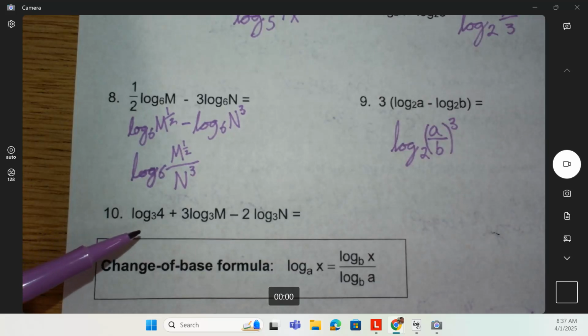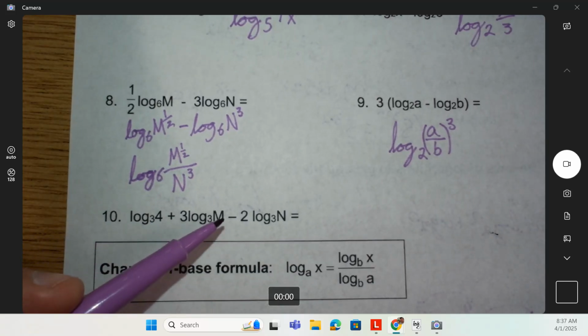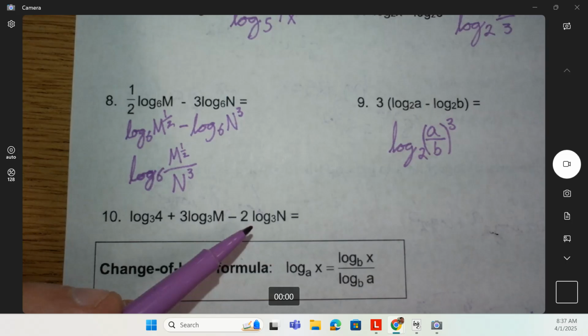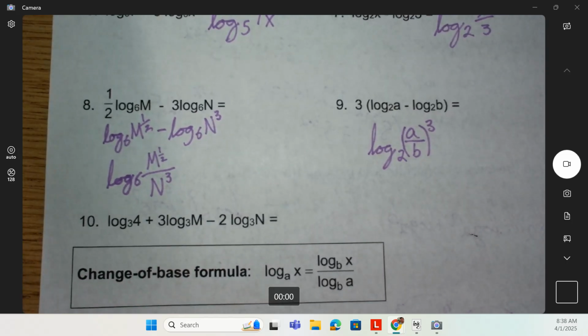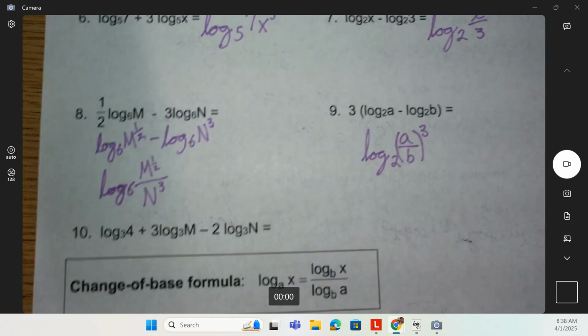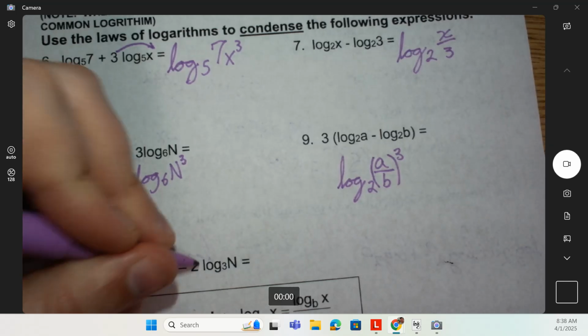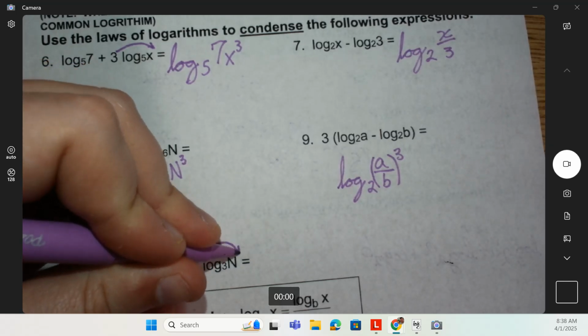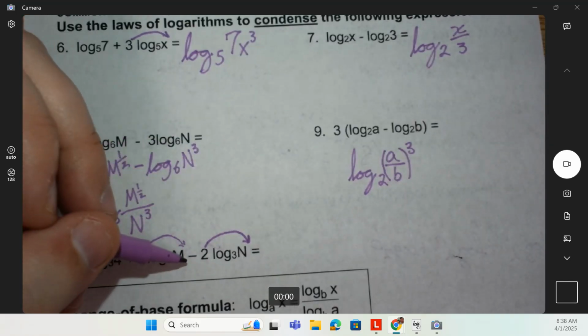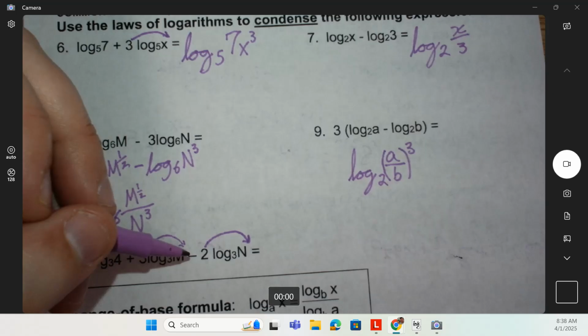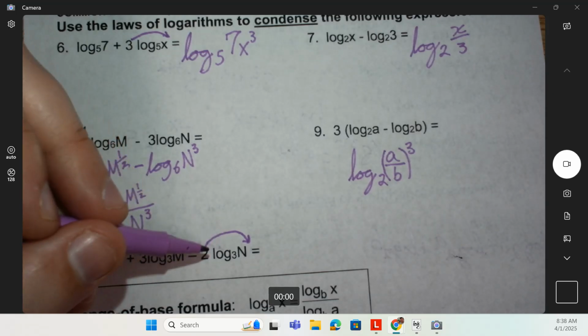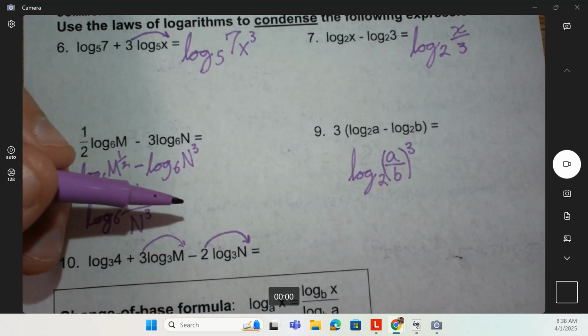Okay, on number 10, log 3 to the 4, 3 log m minus 2 log 3 of n. See if we can do that just in, this is going to move up there. And you're thinking, well, could the negative move with that 2 to be log 3 of n to the negative 2 power?